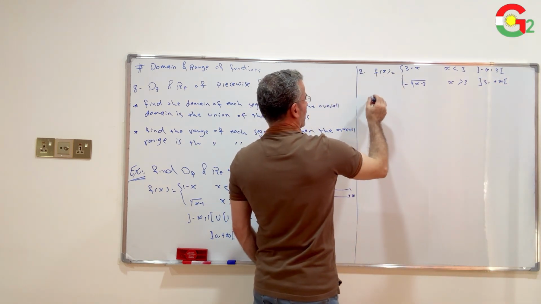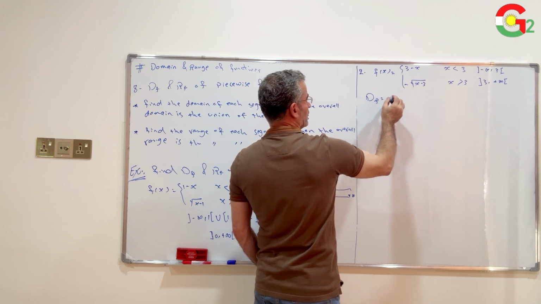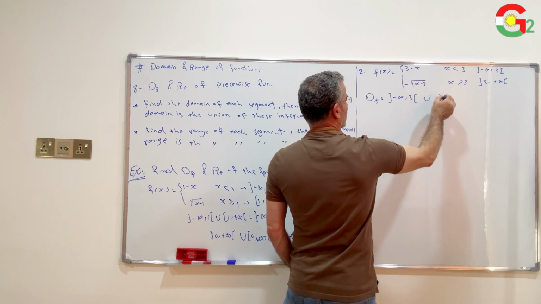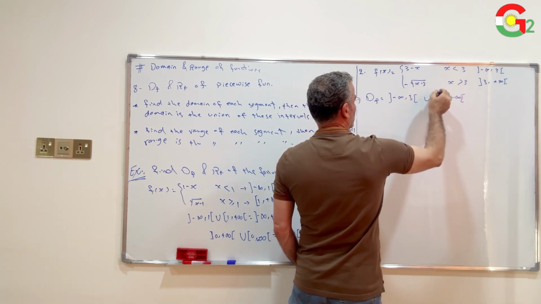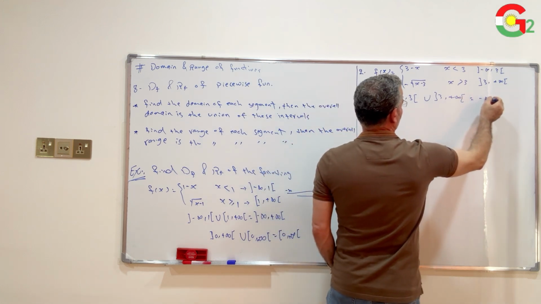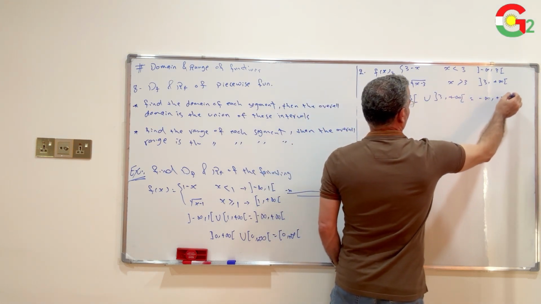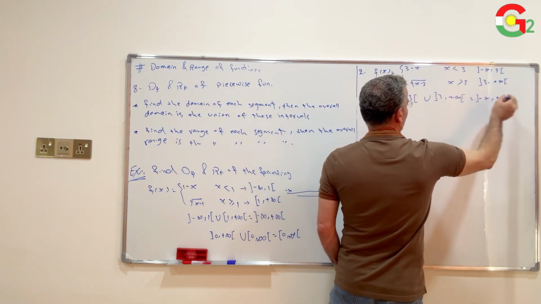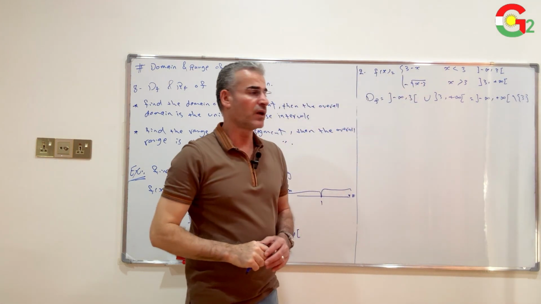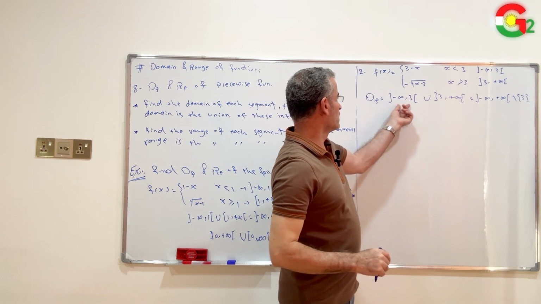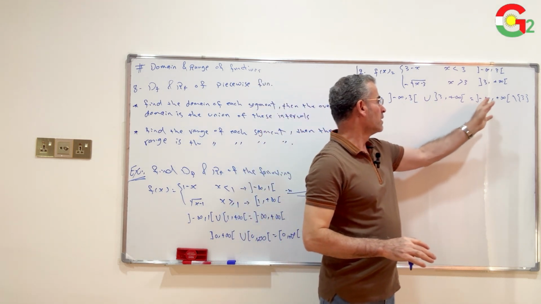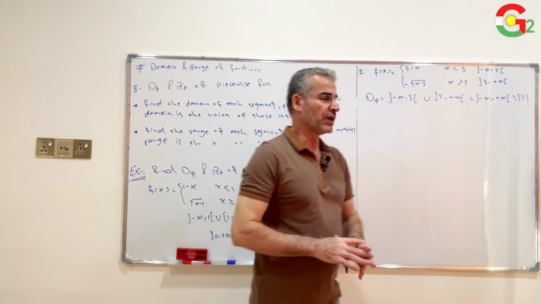Then the domain of this function is negative infinity to 3, union 3 to positive infinity, equal to negative infinity to positive infinity except 3, since 3 does not belong to either interval. So the domain is all real numbers except 3.